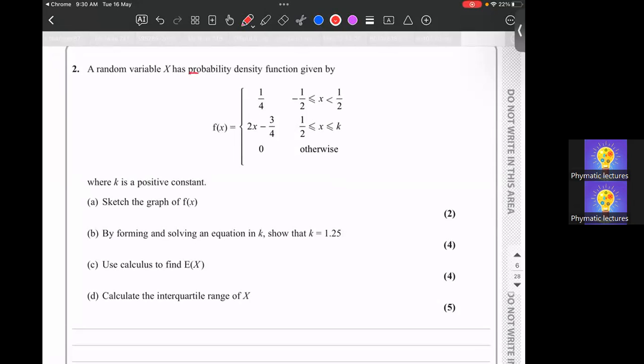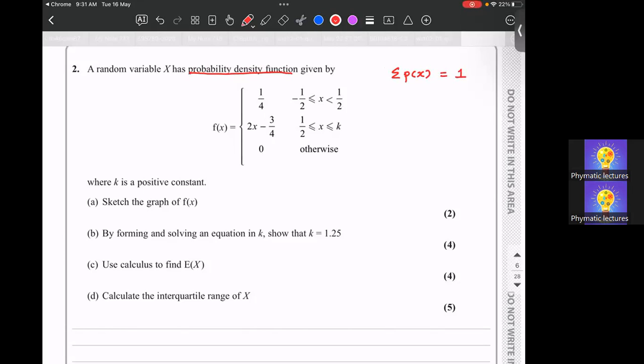What are the keywords? It is a probability density function. So you should keep in your mind the properties of a probability density function. What is the speciality of a probability density function for any random variable? The total sum of probability is equal to 1.